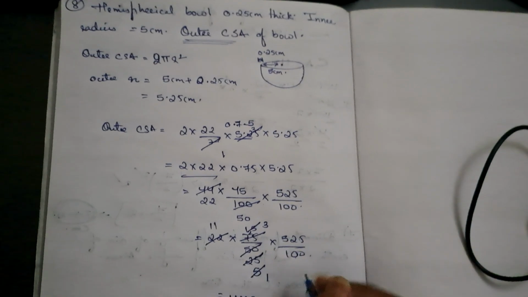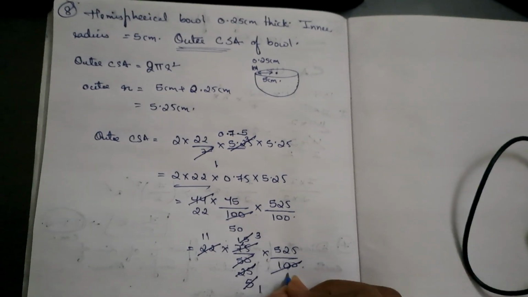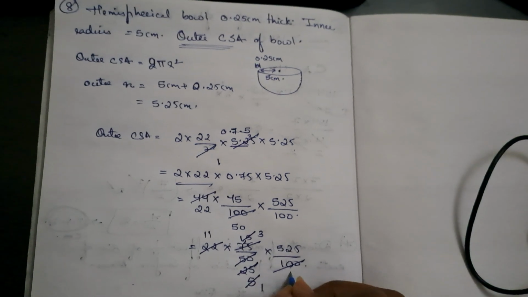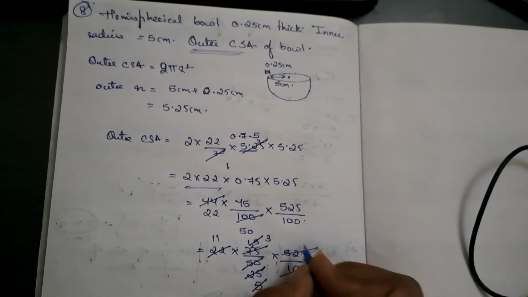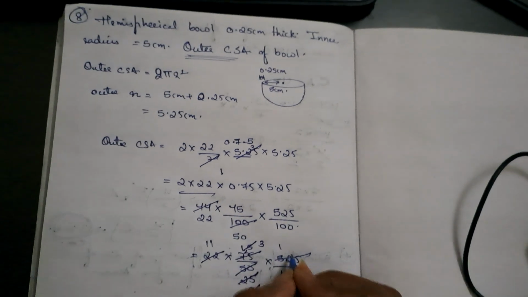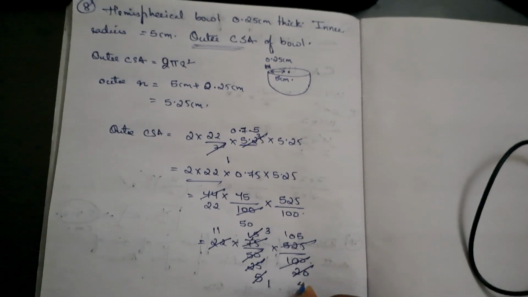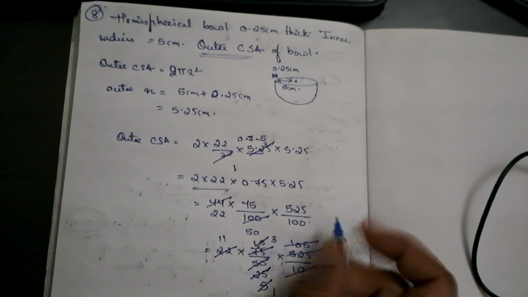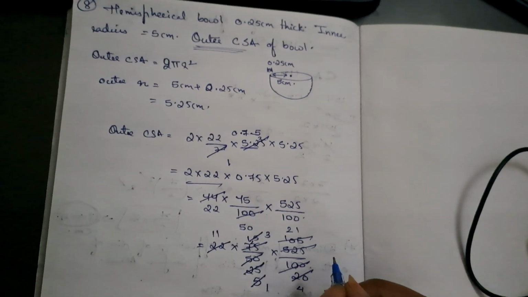Now I have to reduce this. 5 times table. 5 table I'm going to use here. 5 2s are 10, 5 4s are 20 and 5 1s are 5. Then 5 times table again. 5 4s are 20 and 1 times. Okay.